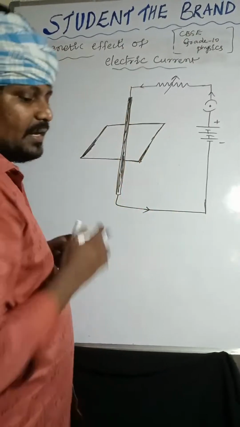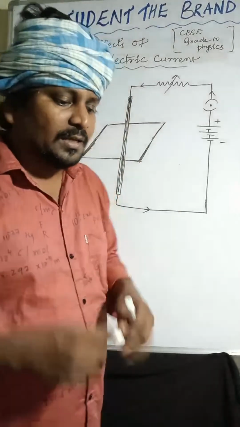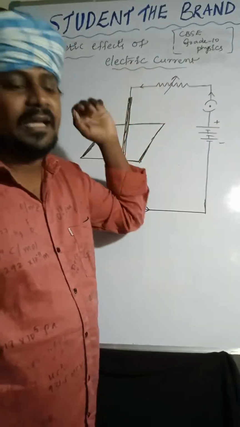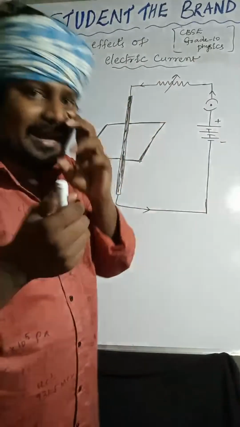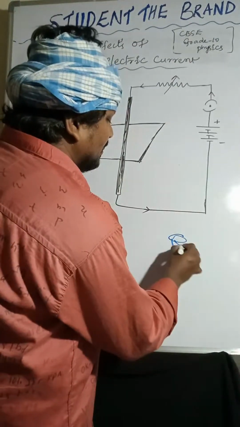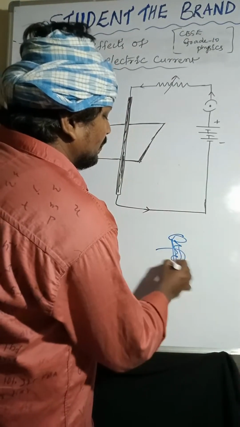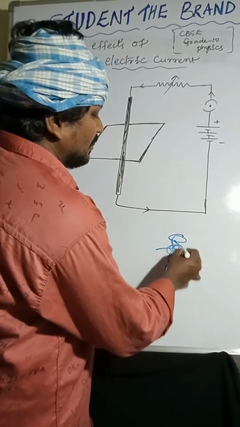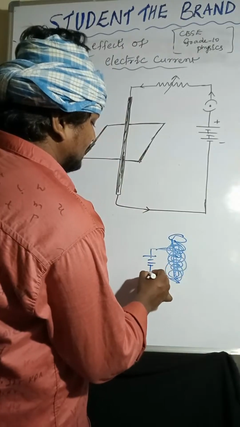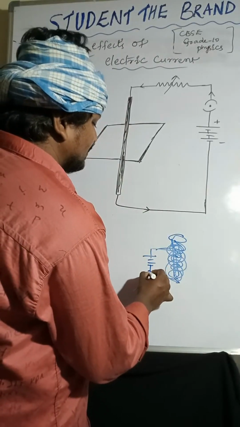Around this conductor, a magnetic field will be produced because current is passing. Even if you take an iron nail, so I'm considering the iron nail here, you wind copper wire around it and connect it to the battery. It acts as a magnet.